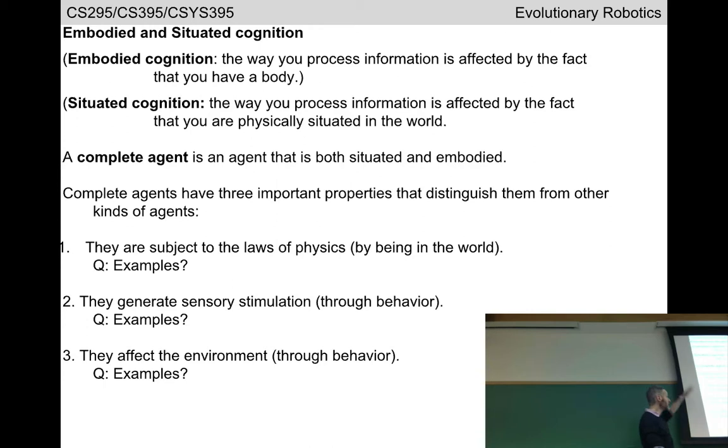So let's have a look at some of these properties and then think about how humans exploit those properties. Okay, so if you have a body in the world, then obviously you're beholden to the laws of physics, right? Unless you collect a machine that allows you to work against them. So as I move about in my environment, obviously gravity is acting on me.